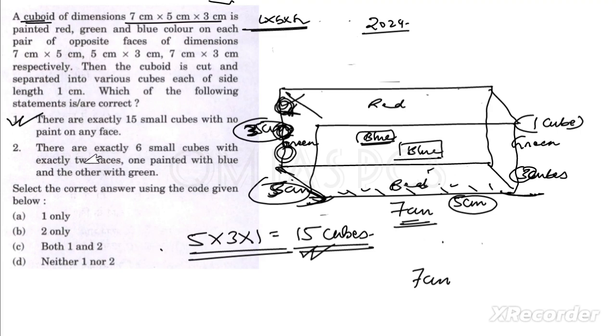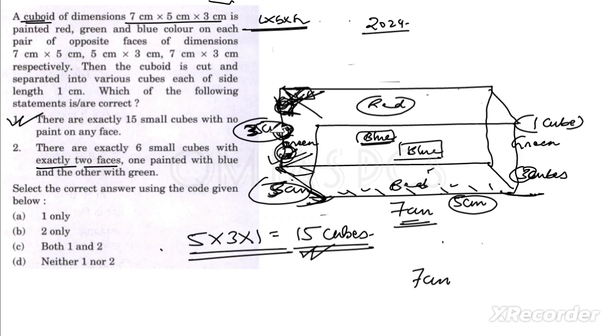Now it is saying exactly 2 faces. So you have to remove this one also. Why? Because for this one the upper face will be painted red, the lower face will be painted red. That's why we have to remove this one and that one.